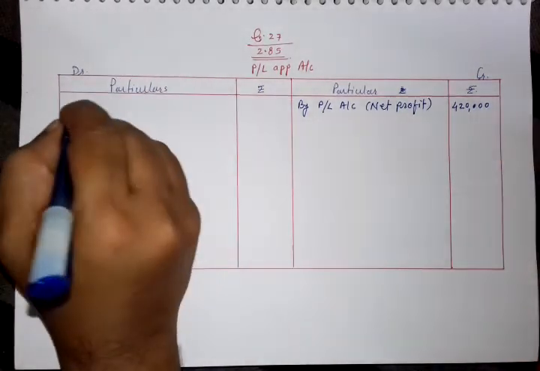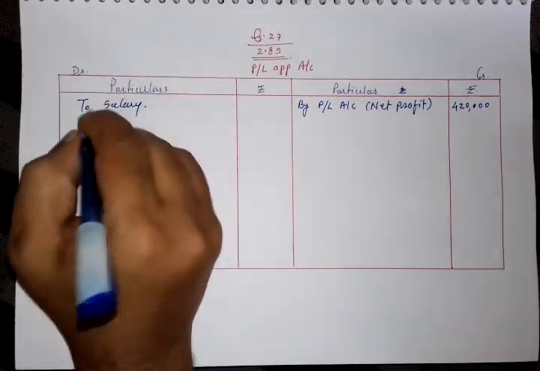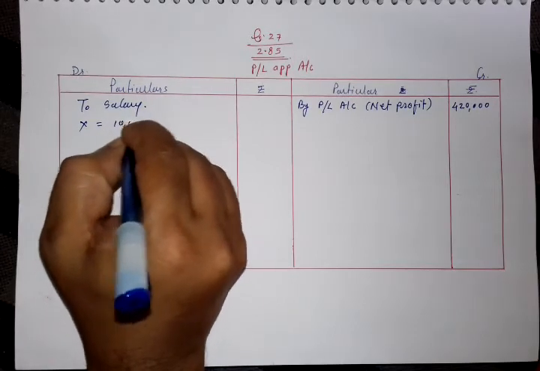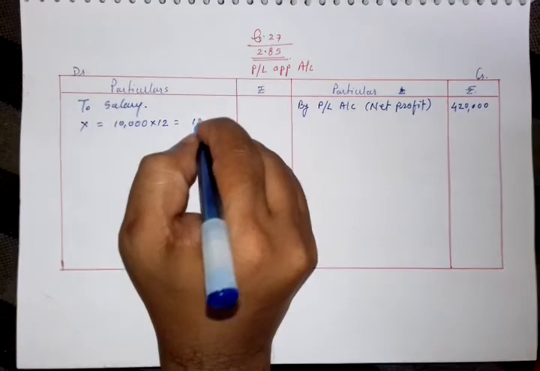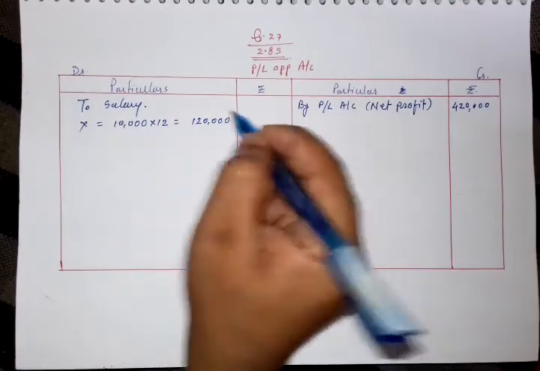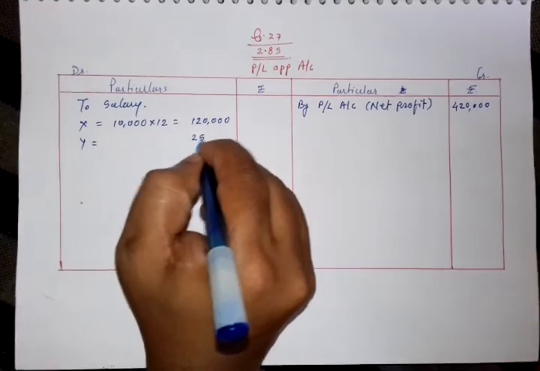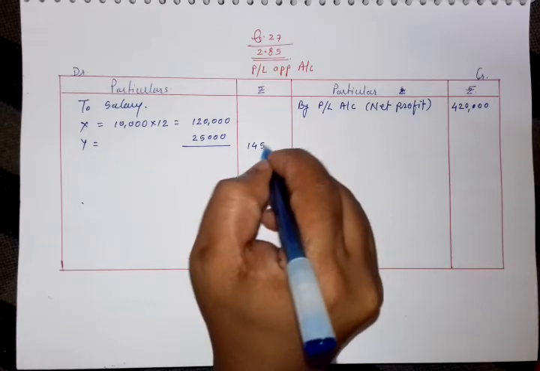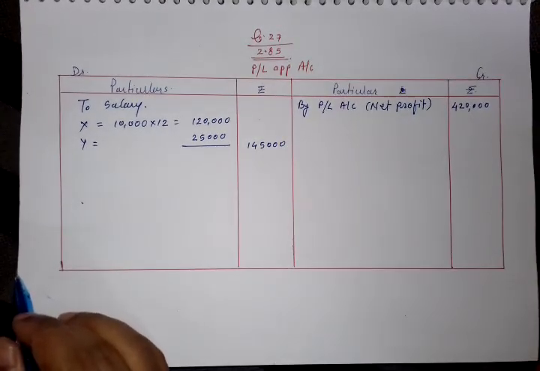Now the calculation of salary. Salary for X is 10,000 rupees per month, it means 1,20,000 rupees annual. And Y is having 25,000 per annum salary and the total is 1,45,000.